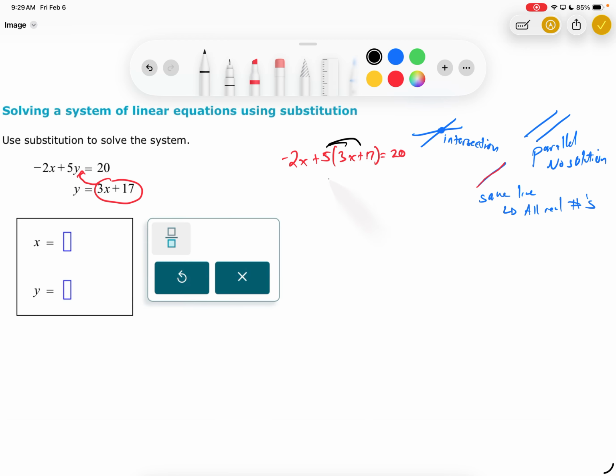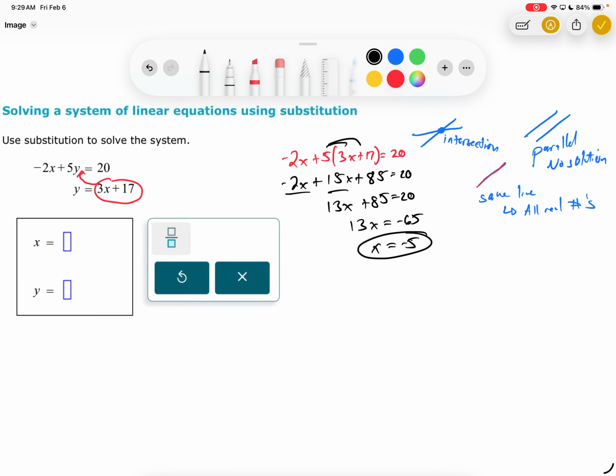I can distribute the 5 and get 15x plus, what's that, 85? And then combine my x's, so that's 13x. Then subtract 85 from both sides, so that's negative 65. Divide by 13 is negative 5, okay? So that is my x value.